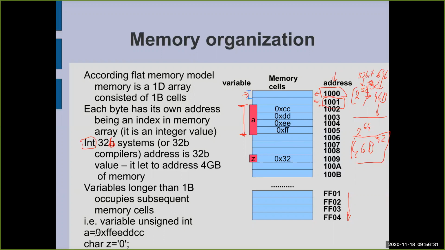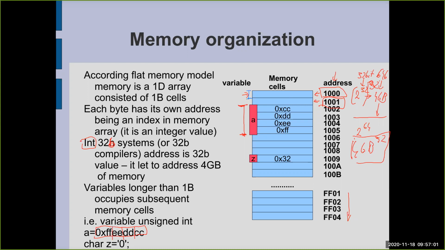But look, if the variable looks like this, we have to split this value into parts, and every part should be written to a different cell. There are 2 possibilities.